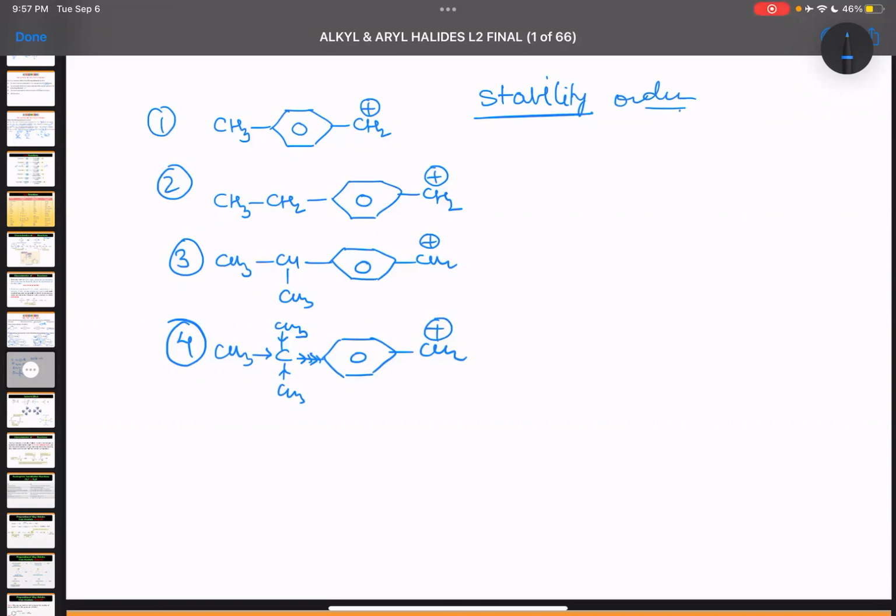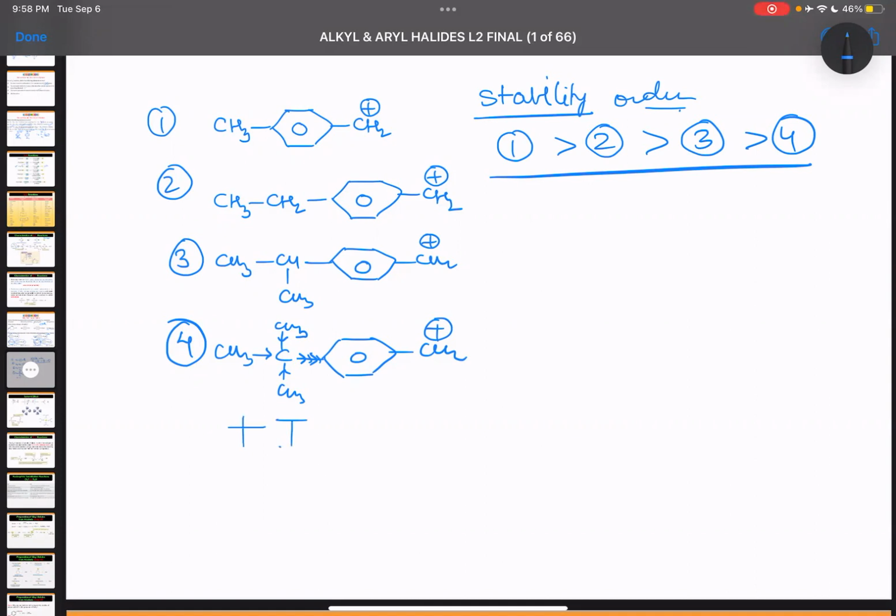Because the primary group is least electron donating, and therefore it will not affect the electropositivity of the carbocation. Actually, you need to be more specific, but this is having more plus side. Okay. This is the smallest, lowest plus side. But this is going to have the highest hyperconjugation effect.